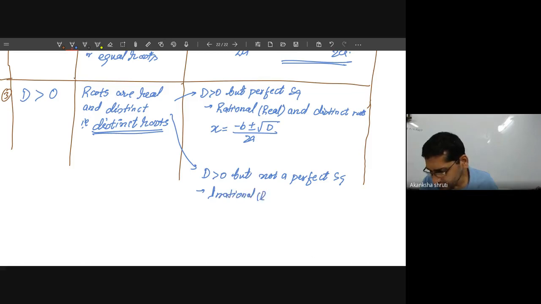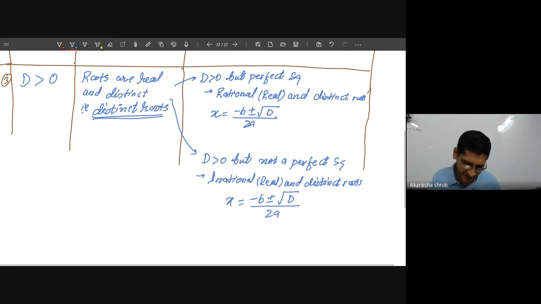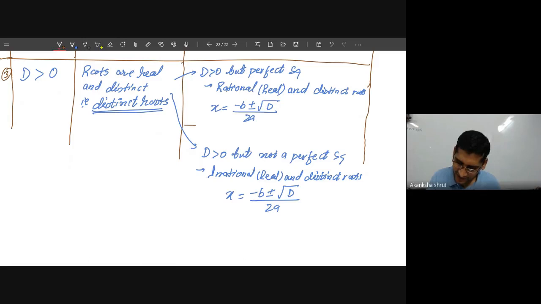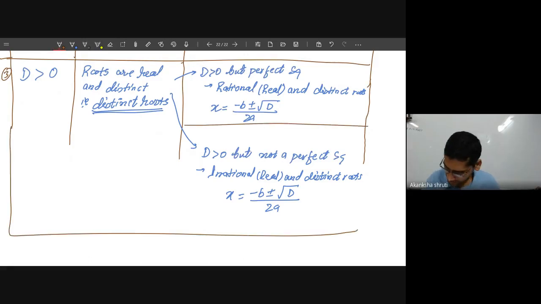This is also a real and distinct root. Calculation makes no difference; something will just remain inside the root, divided by 2a. So this is all about it.